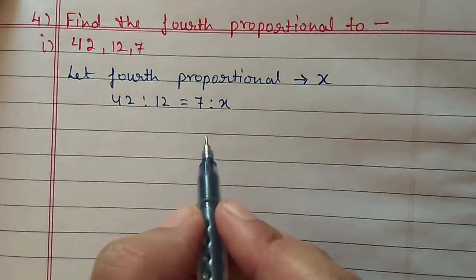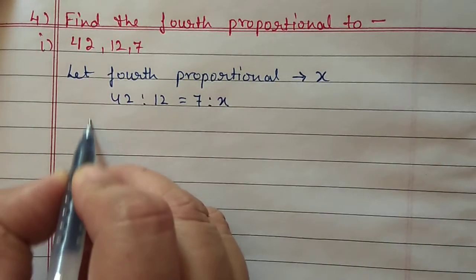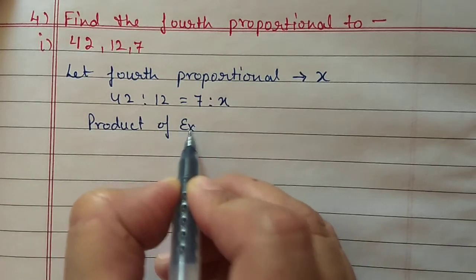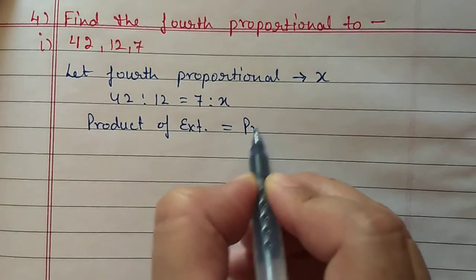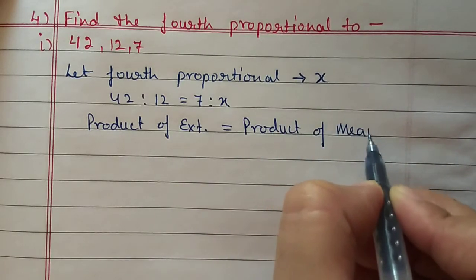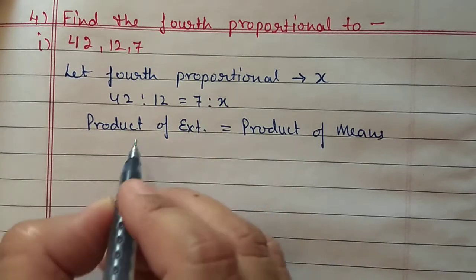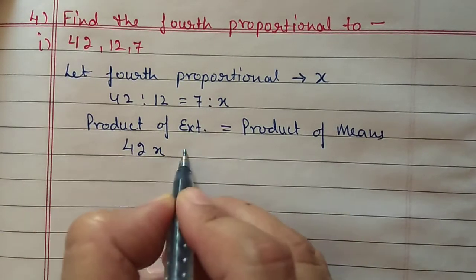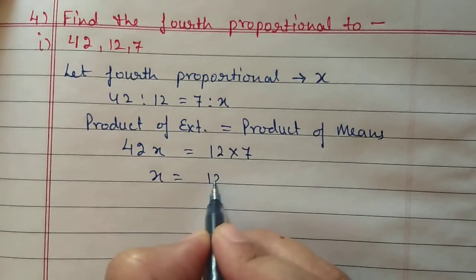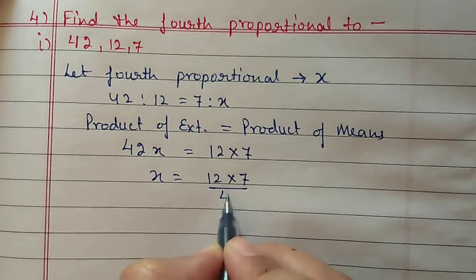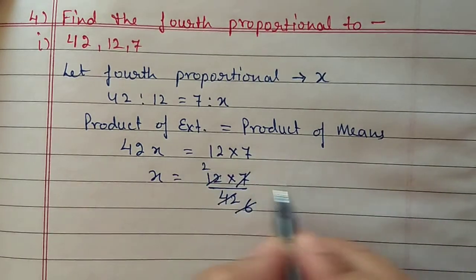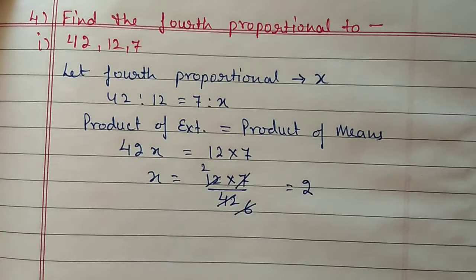Now we can use the same thing, product of extremes is equal to product of means. The extremes are 42 and x. So 42x is equal to 12 into 7. x is equal to 12 into 7 divided by 42. Cancel: 7 6s are 42 and 6 2s are 12. So the x value is here 2.